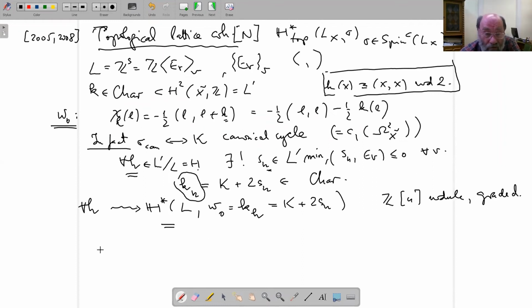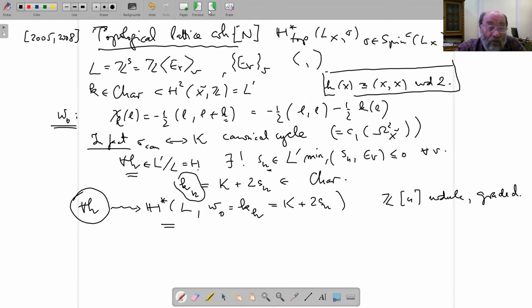So for all the spin-c structures, for all the elements of H, we have a graded Z[U]-module. Of course, we can say that okay, it's nice. The point is whether you can do anything with it. In general, again, I repeat that it's very hard to compute because you have to analyze the lattice points and how they are compatible with the weight function. So by hand, it's not easy.